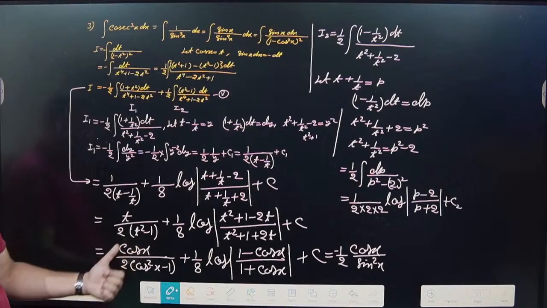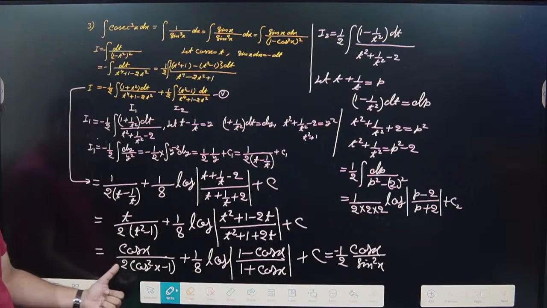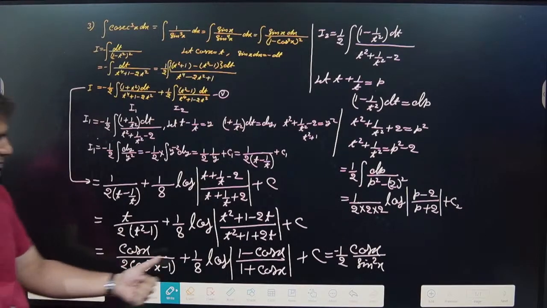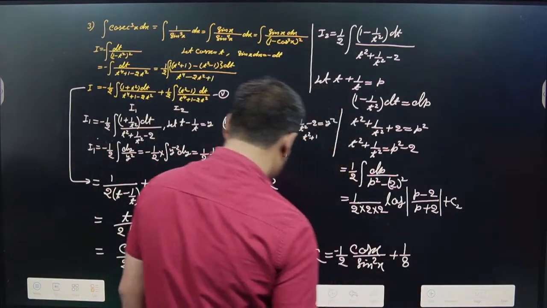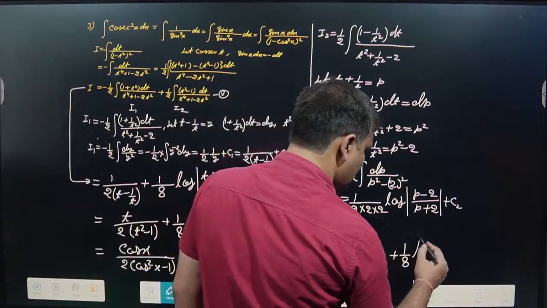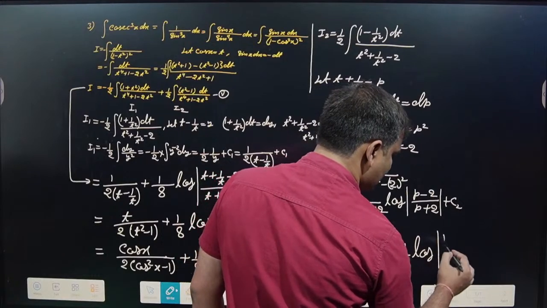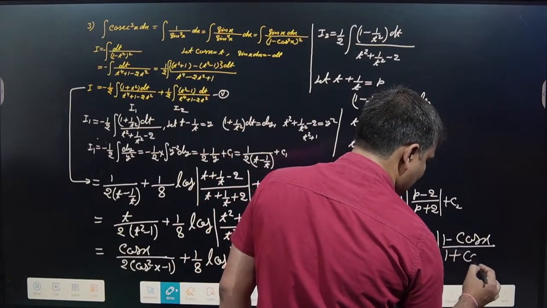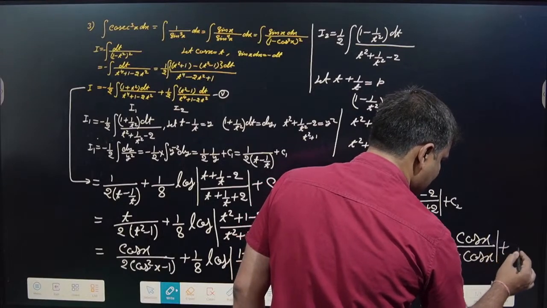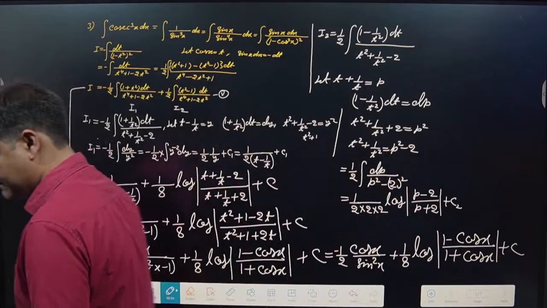So cos x upon 2 into minus sin square x, plus 1 by 8 into log of 1 minus cos x divided by 1 plus cos x, plus C is the right answer. Make it.